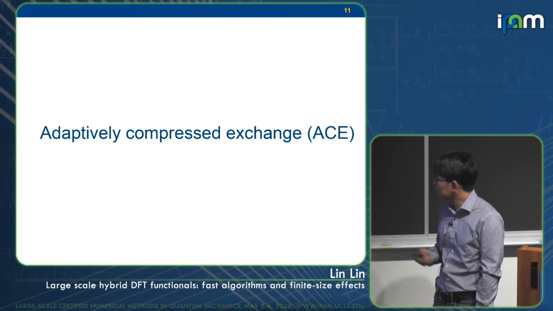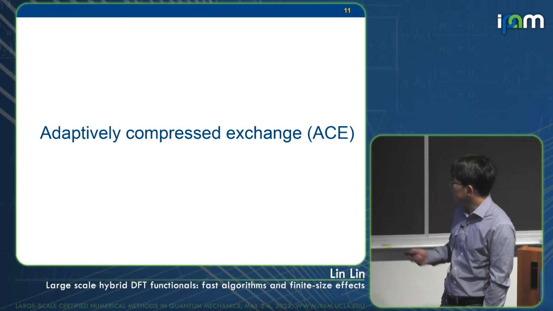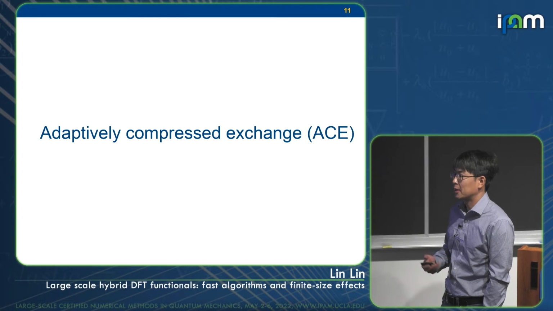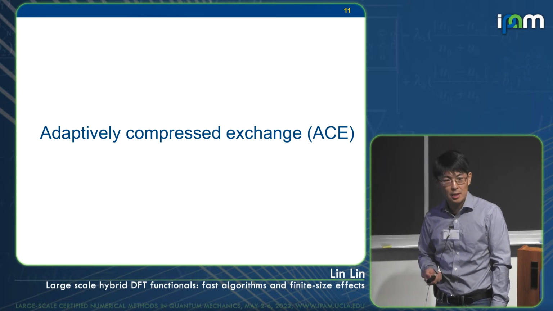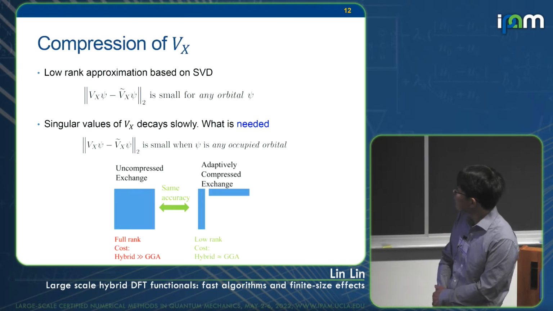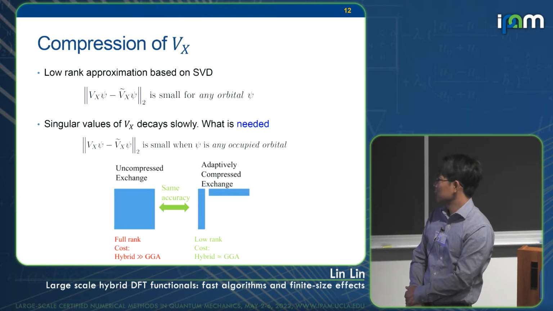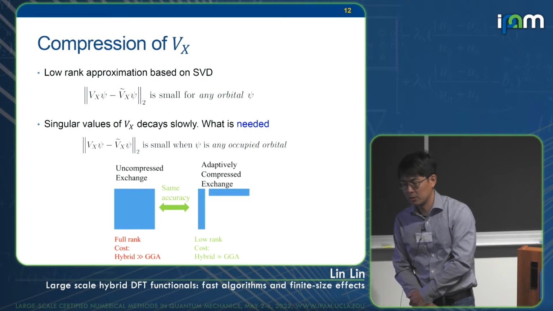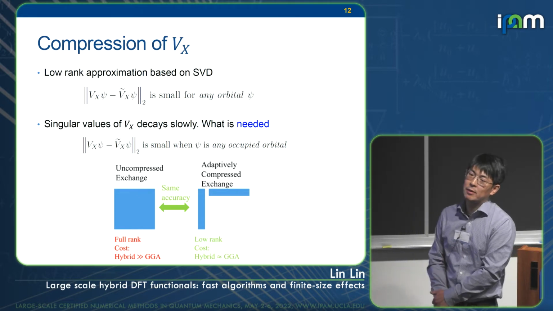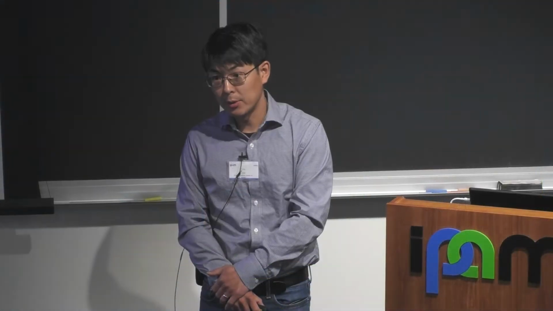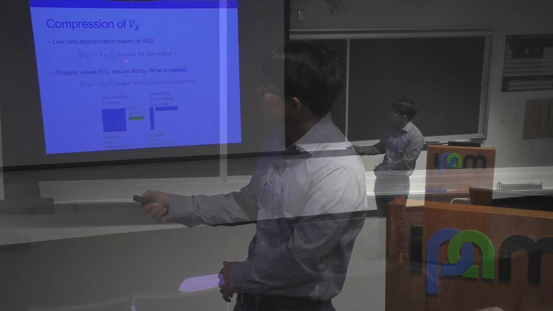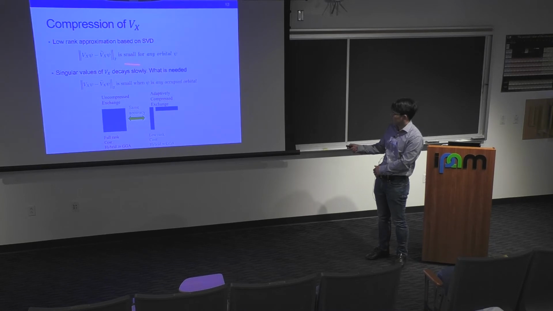Because of time, I want to talk about the second part as well. So I'll just explain the idea behind this adaptive compression. The ideas are the following. Usually when we think about low rank approximation, we think in terms of SVD, the singular value decomposition, and its variants. The idea of SVD for a matrix, if you look at that from a vector perspective, is to say that, okay, you give me a matrix called Vx.